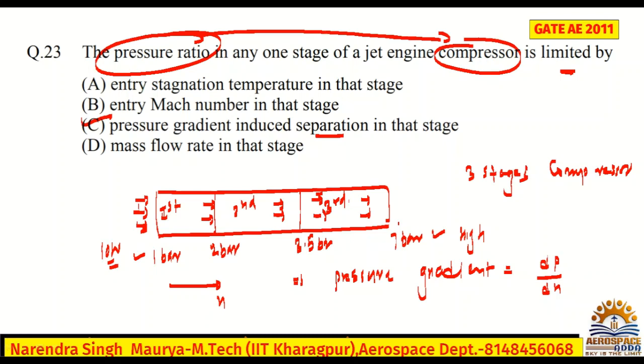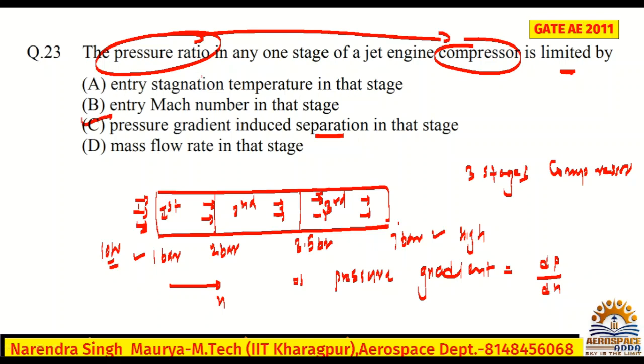Because this pressure gradient means the pressure variation in the direction of x. Because it is going from low to high, it will try to reverse the flow. So there is a chance of separation. For that reason only you have a limitation.